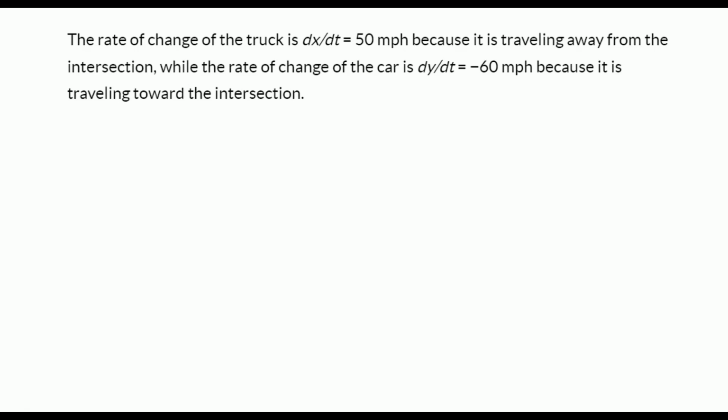It will be going in the vertical direction, but towards the intersection instead of away. So I would give that a negative 60 miles per hour if the truck is positive 50 miles per hour. But if you had the truck at negative 50, make sure the car would be positive 60. So one or the other, okay? But I'll just keep it like this for now.